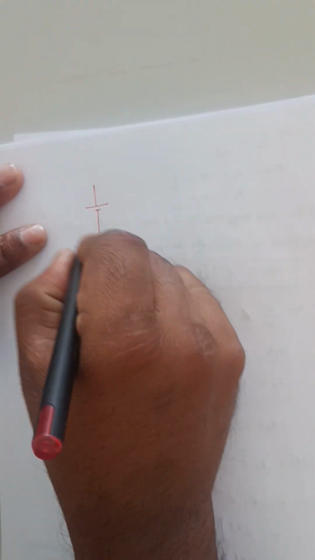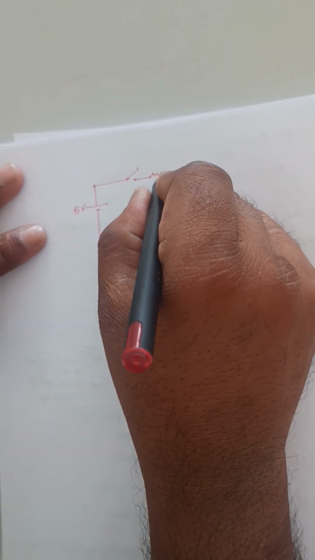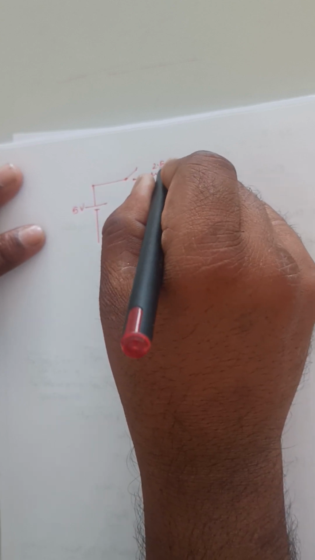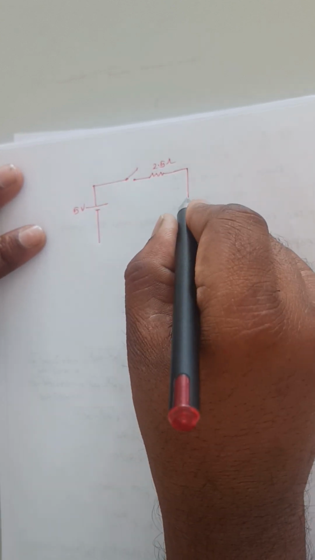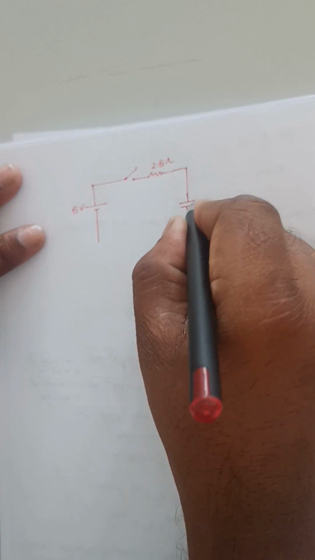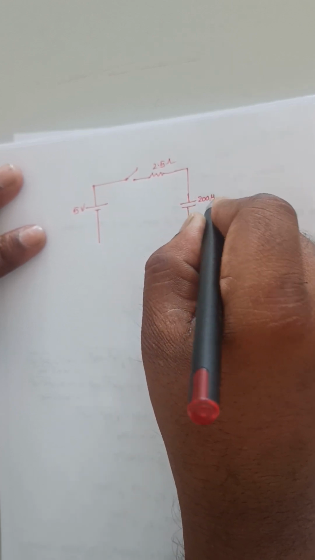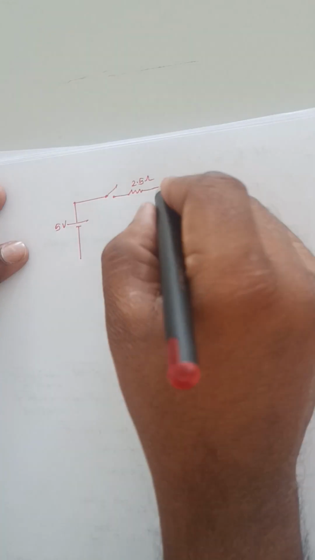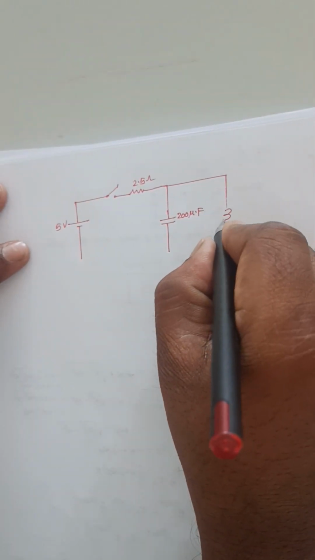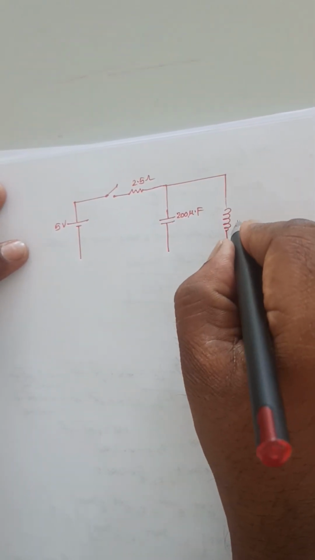Draw this network here. There is a voltage source of 5 volts, and this is a switch. This value is 2.5 ohms, this is 200 microfarad, and this is an inductance of 0.5 Henry.